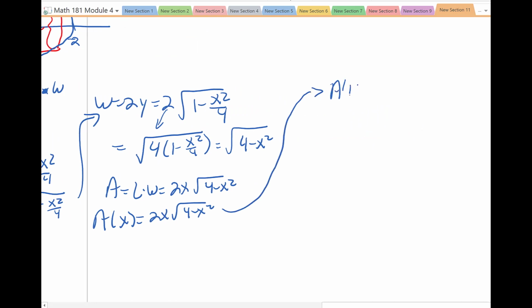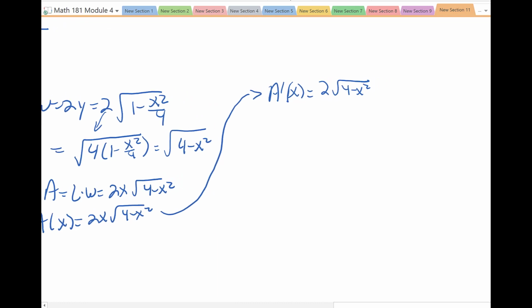A prime of x, the derivative here, is going to be 2 times the square root of 4 minus x squared plus 1 over 2 times the square root of 4 minus x squared. I've got stuff inside to deal with, that'll come in the numerator.